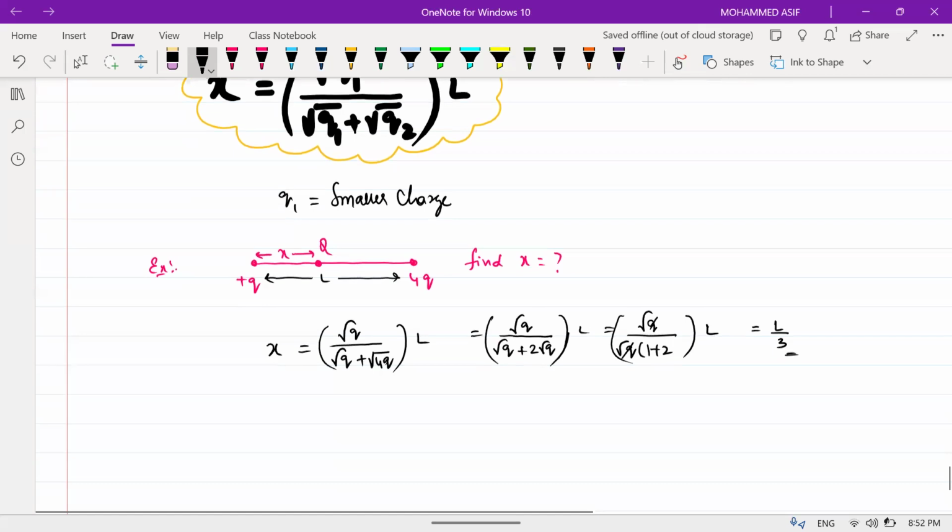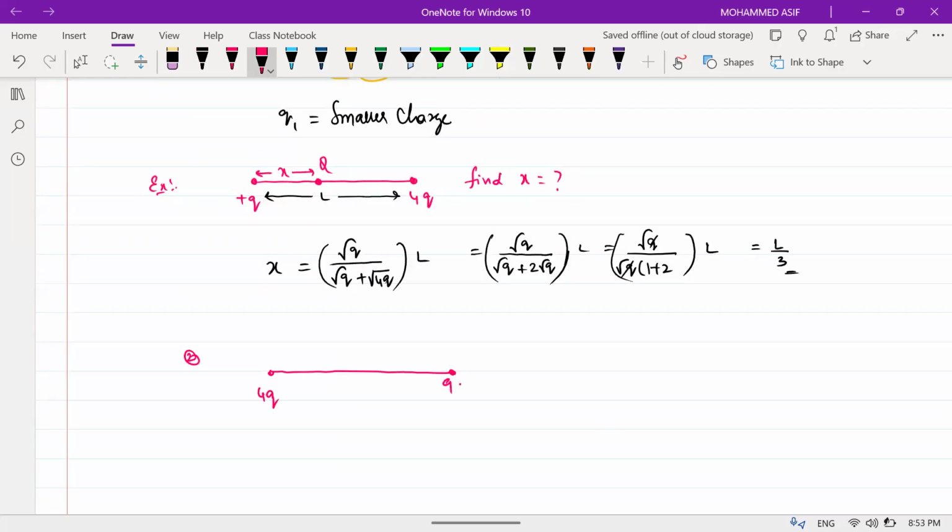Sure. One more example. Tell me faster. Now you do it out. Now we are having charges. This is right now 4q. This one is say for example 9q. Now I need the distance. The question is: find the distance from 4q where a third charge can remain in equilibrium.